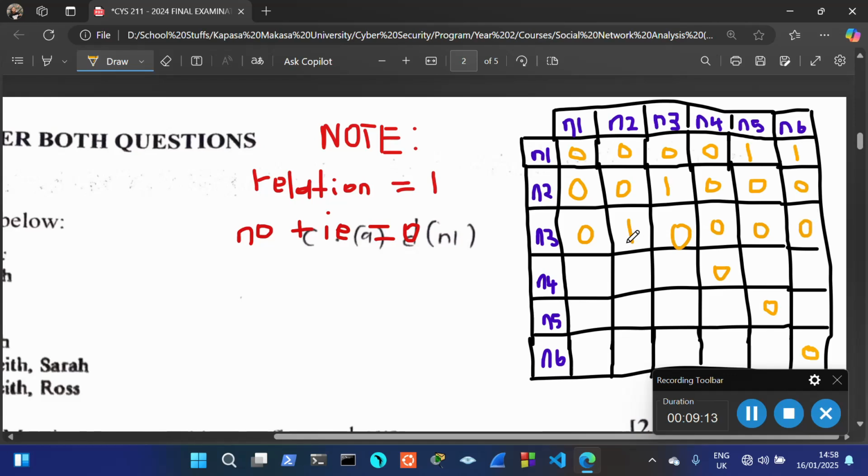Now, take one important thing straight. N2 has a relation with N3, and again N3 has a relation with N2. It means these two nodes chose each other. It's more like I choose you, and the other person chooses me.